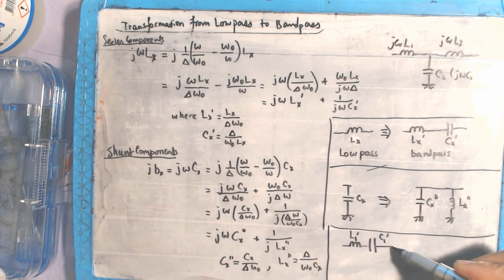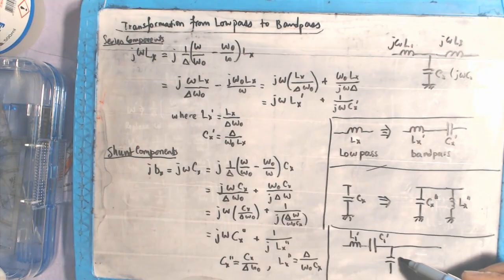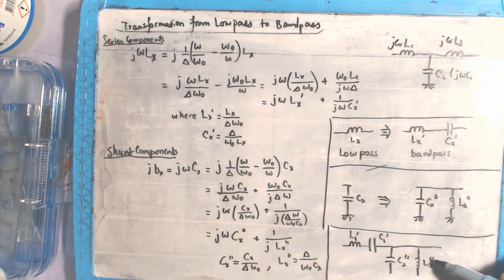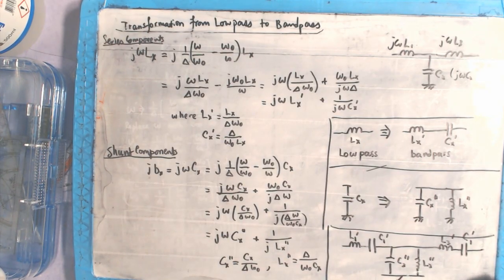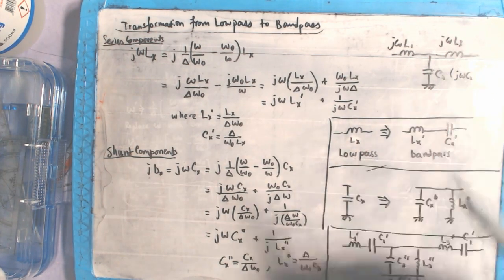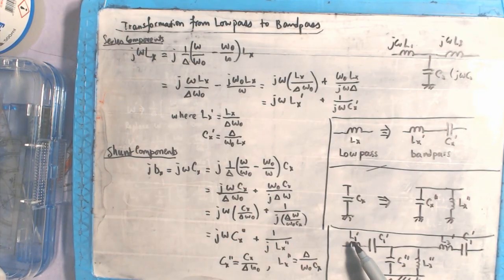And here C2 prime and then L2 prime. And here it will become L3 prime and then C3 prime. So this is your bandpass filter, while the previous one is the low-pass filter. And you can easily calculate the L1, L2, L3 according to the prototype table.